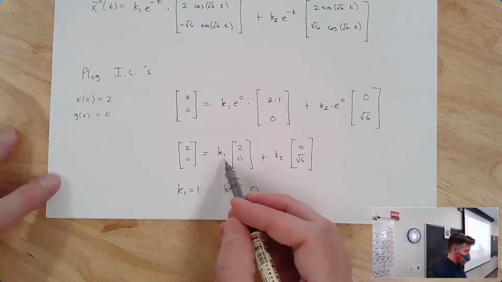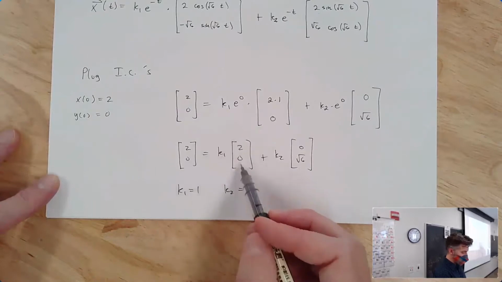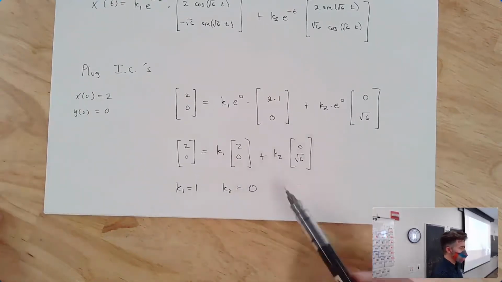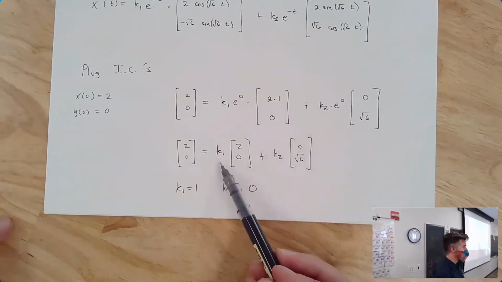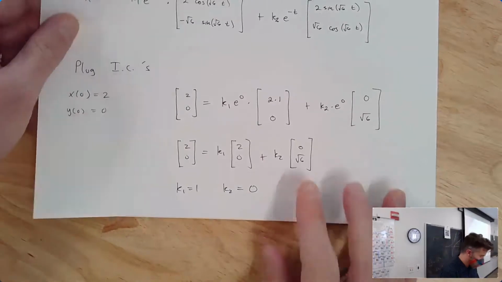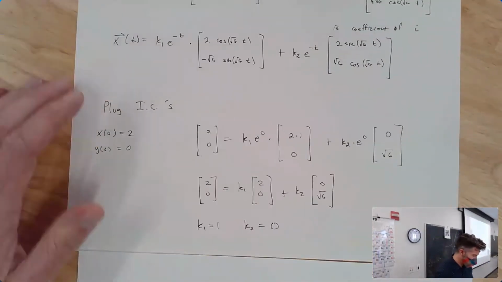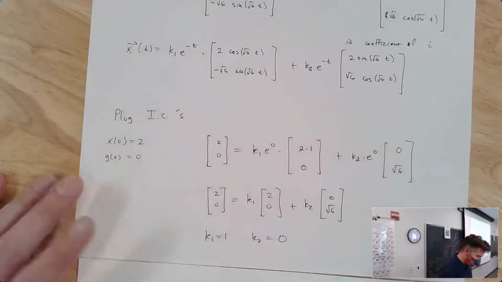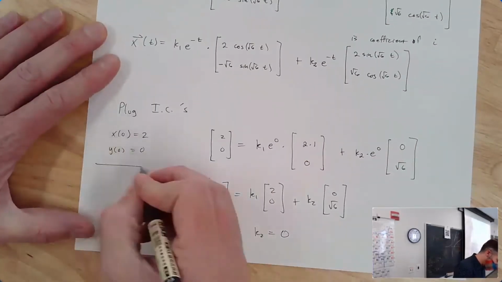And if K1 is 1, then (2, 0) equals (2, 0), and I don't want any of this here. The problem I saw someone working on had the same sort of thing, where one of them was 1 and one of them was 0, which is nice. So finally, K1 is going to be 1, K2 is going to be 0.